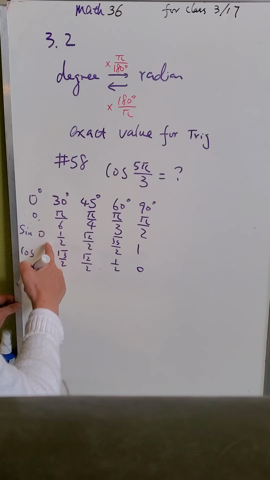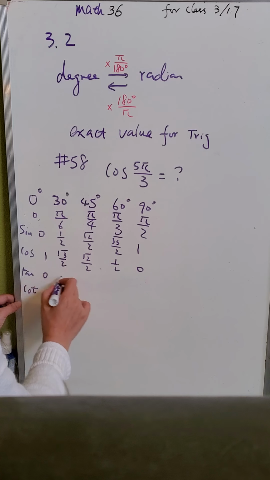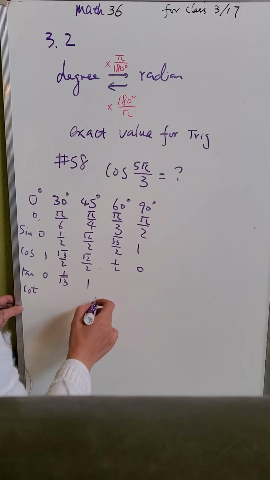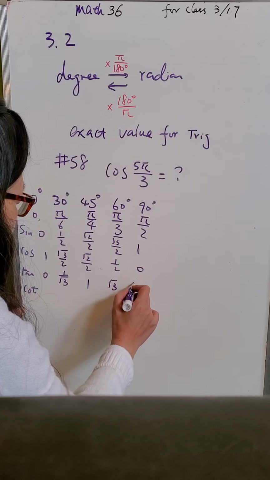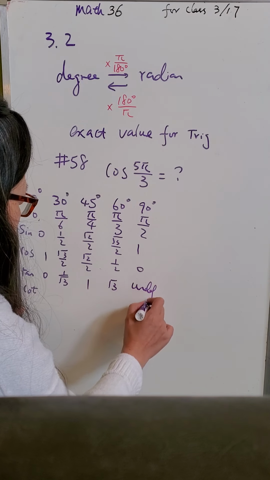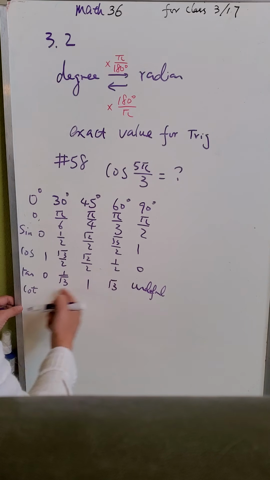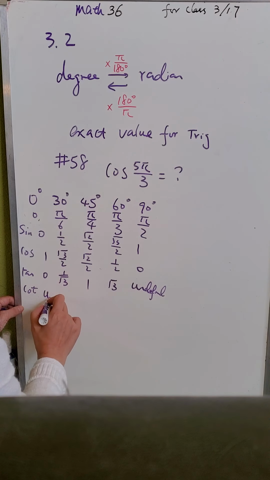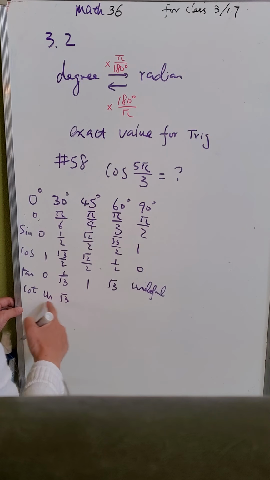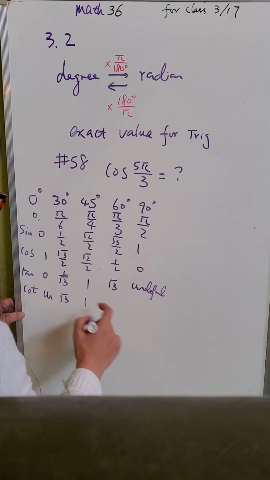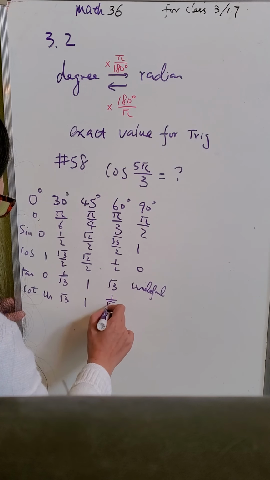Tangent divides these numbers: 0, 1 over square root 3, 1, square root 3, and undefined. Cotangent is just the opposite: undefined first, then square root 3, 1, 1 over square root 3, and 0.